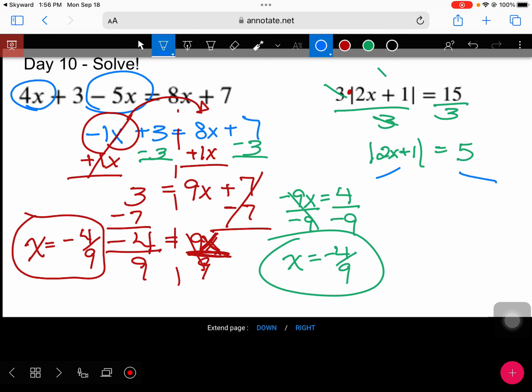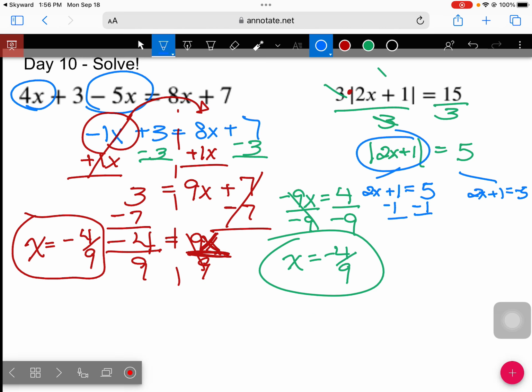If the absolute value of something is 5, that means this something either is going to be equal to 5, or that something is going to be equal to negative 5. So we need to solve for both. Subtract 1 on both sides.